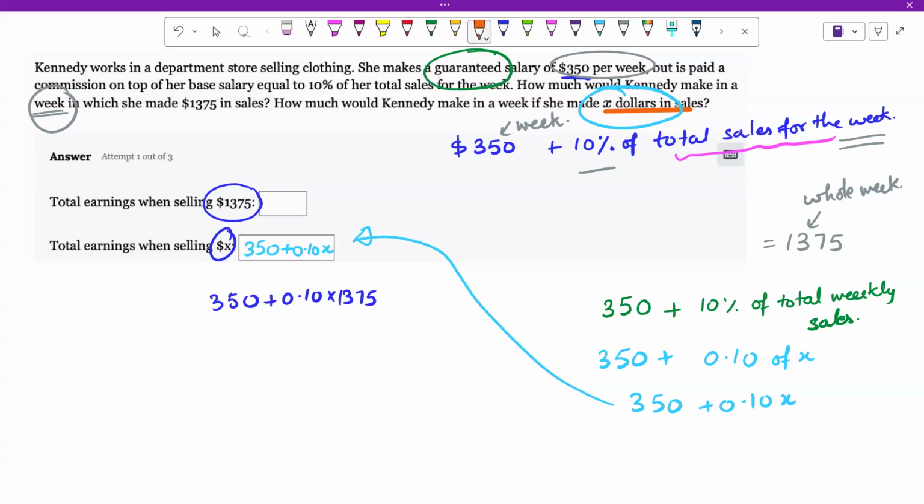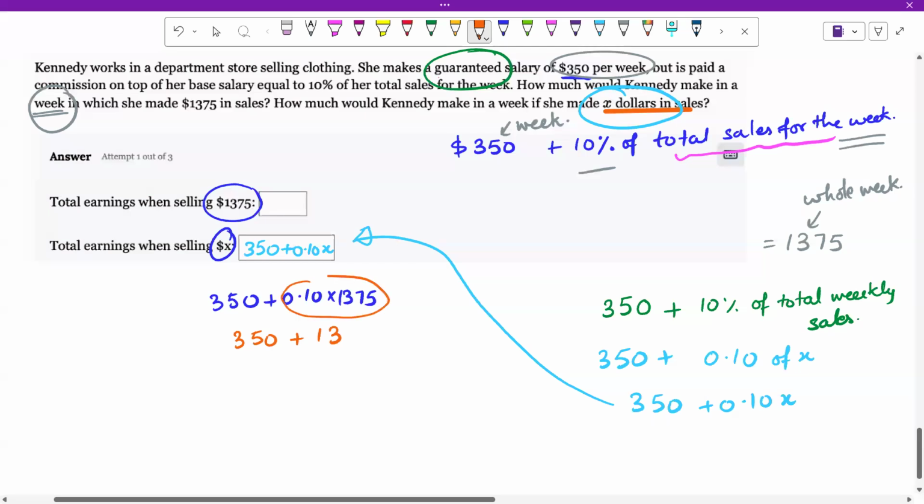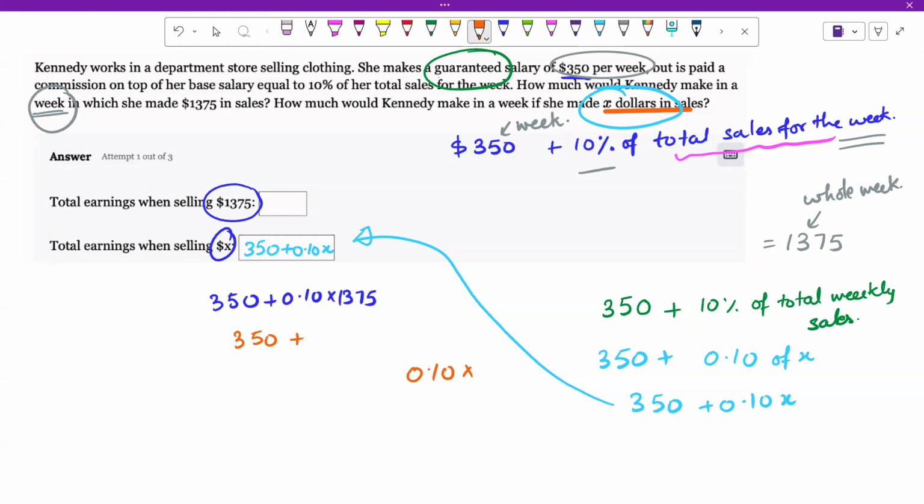So how much would that be? Let's do it separately. 0.10 times 1375, and 0.10 can be written as 10 over 100, correct?